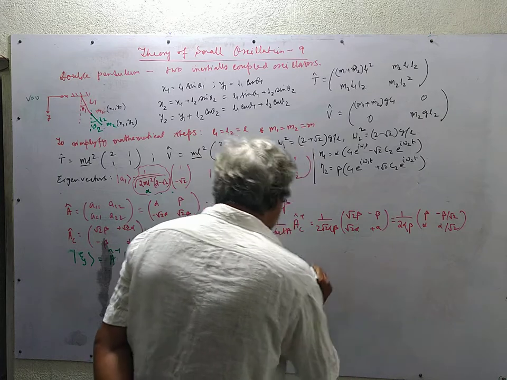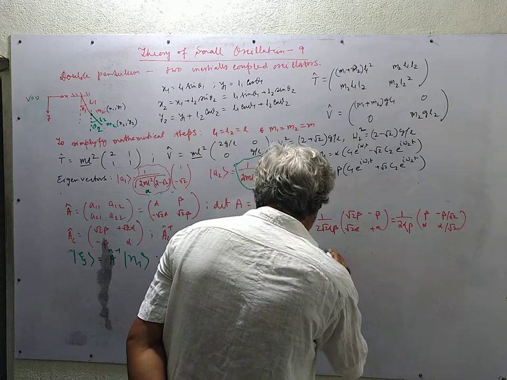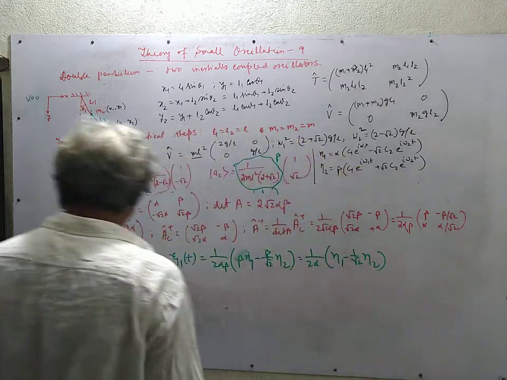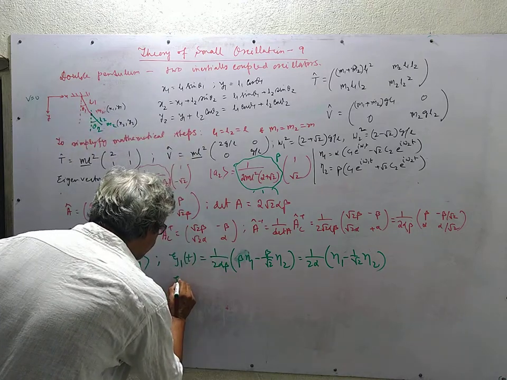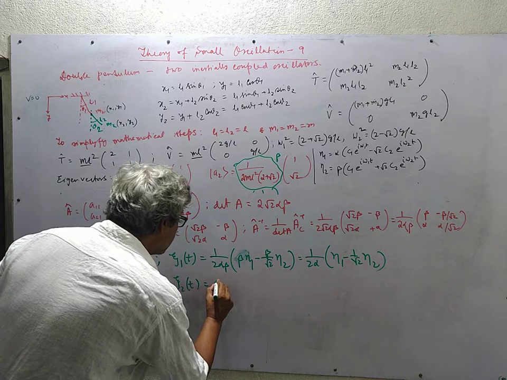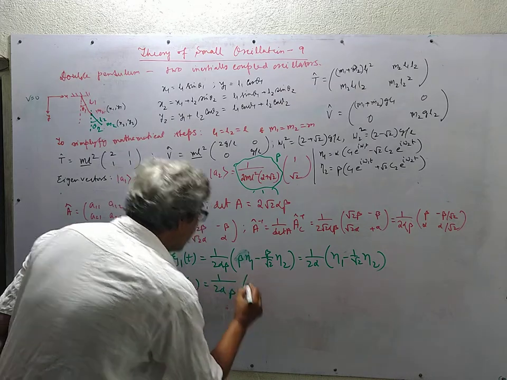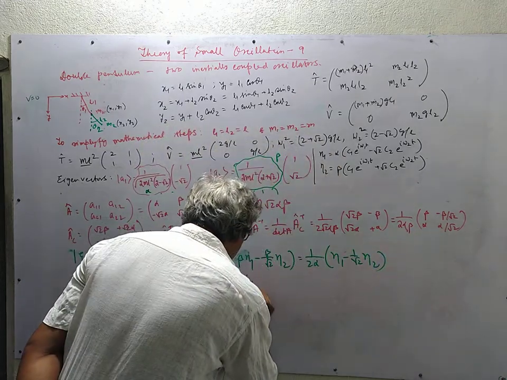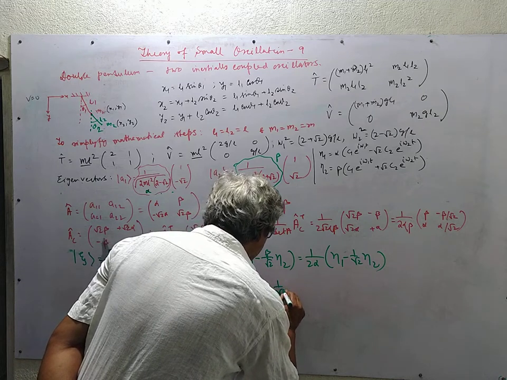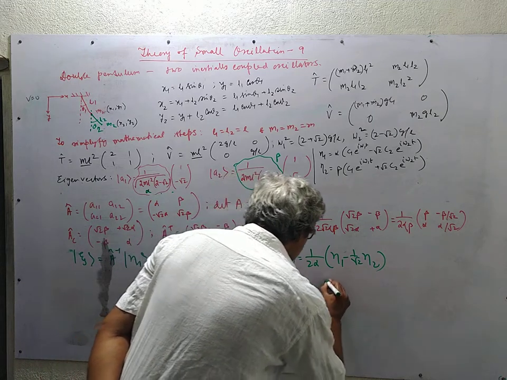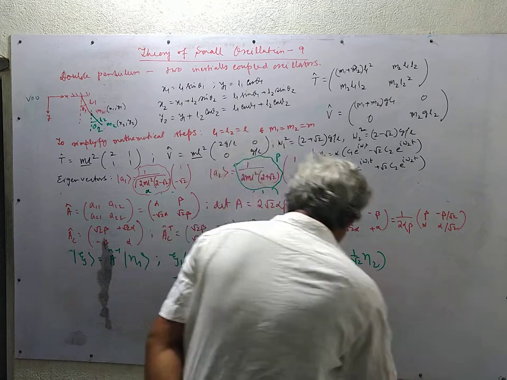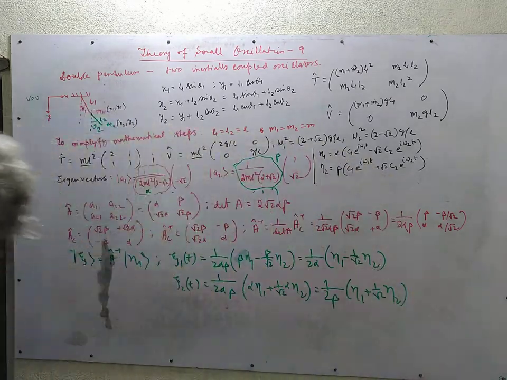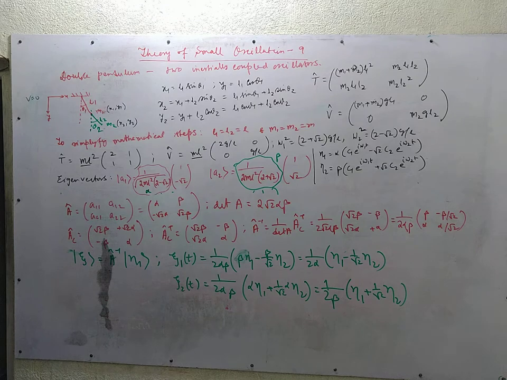So this is 1 upon 2 alpha, eta 1 minus 1 by root 2 eta 2, and similarly xi 2 of t is 1 upon alpha beta, this is alpha times eta 1 plus 1 by root 2 alpha times eta 2, which is 1 by 2 beta, eta 1 plus 1 by root 2 eta 2. These are the two normal coordinates.